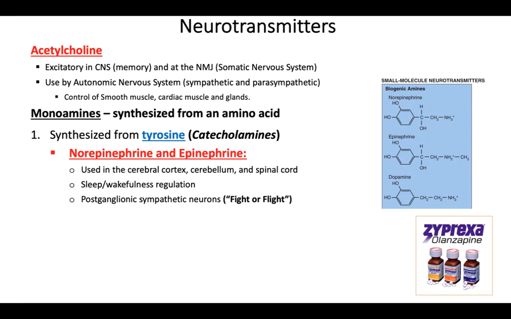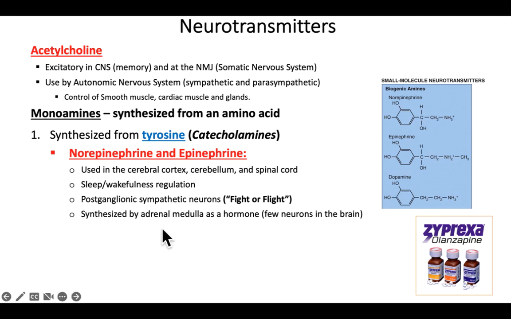It helps you get more oxygen into your lungs. So norepinephrine and epinephrine are used for that process. They're actually produced as hormones as well. So epinephrine and norepinephrine are neurotransmitters, but they also can go into your bloodstream and function as hormones. And that's the job of the adrenal medulla or adrenal glands.